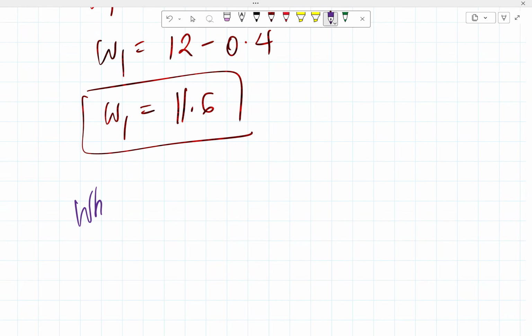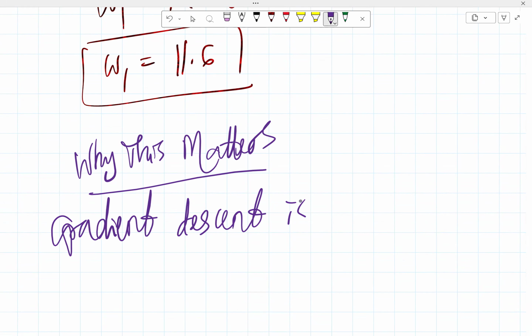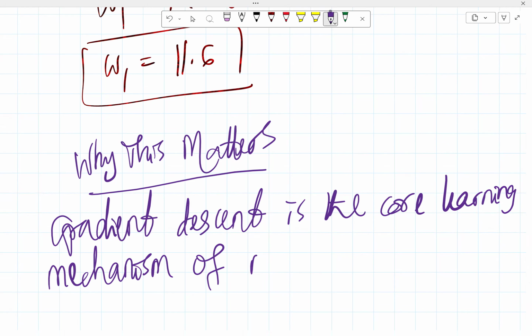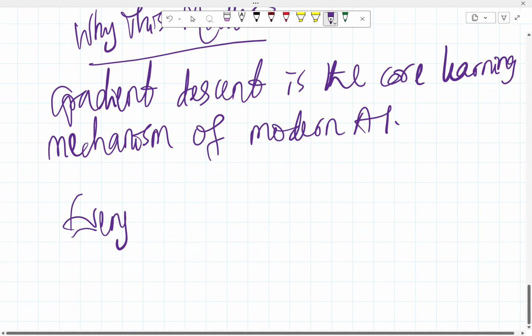Why this matters is that gradient descent is the core learning mechanism of modern AI.